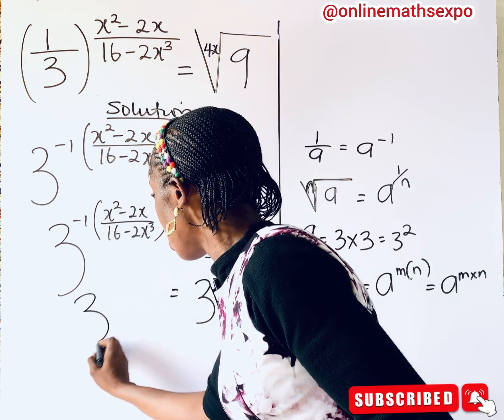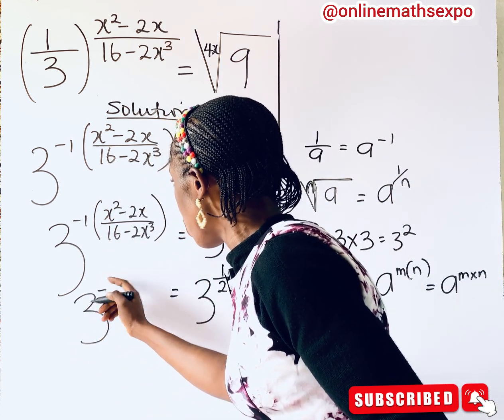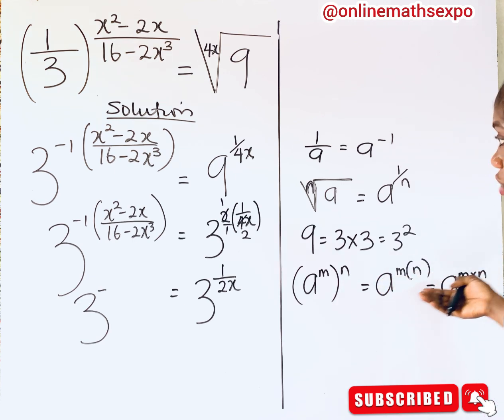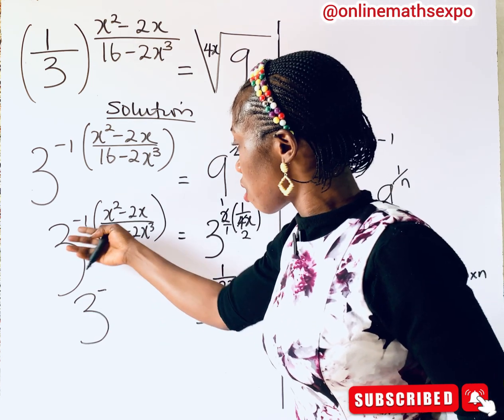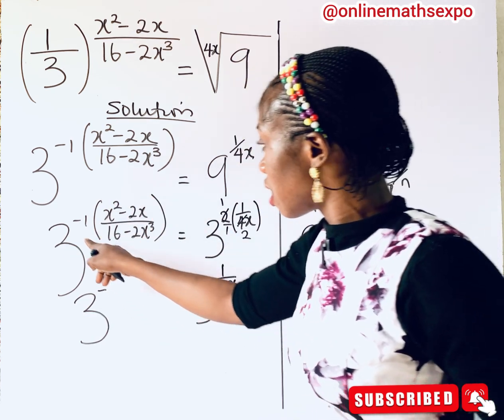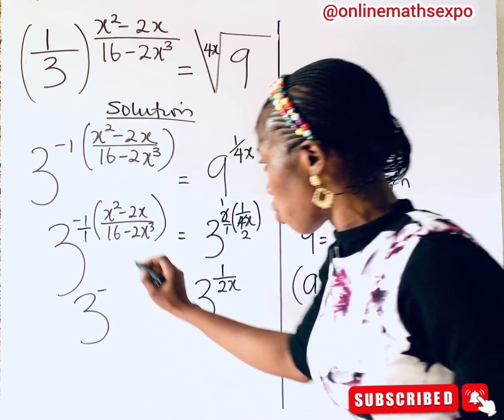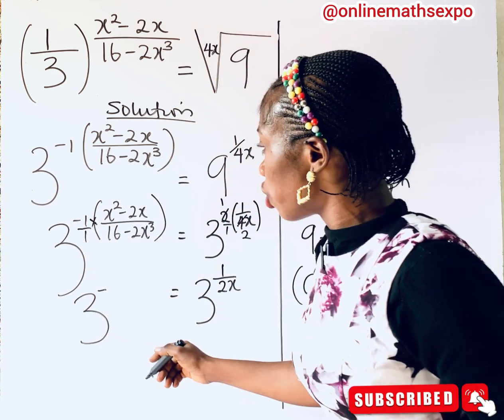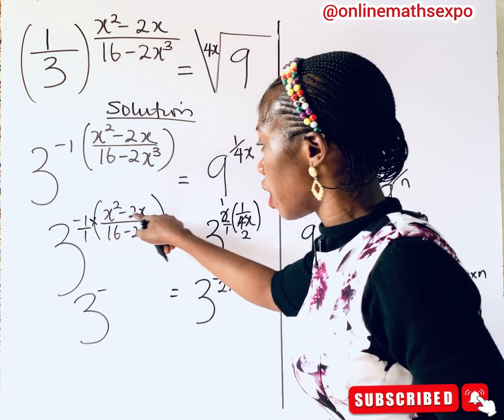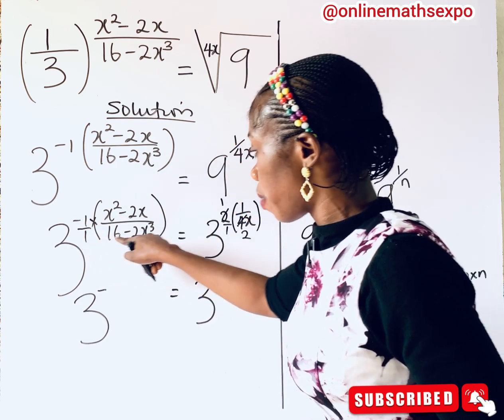So you bring down this. This is 3 raised to the power negative. So we can also apply this here, because we are seeing that this negative is multiplying this. And this -1 is the same as -1 over 1. Okay, so you are using it to multiply. So the -1 will multiply the numerator, and the 1 will multiply the denominator.